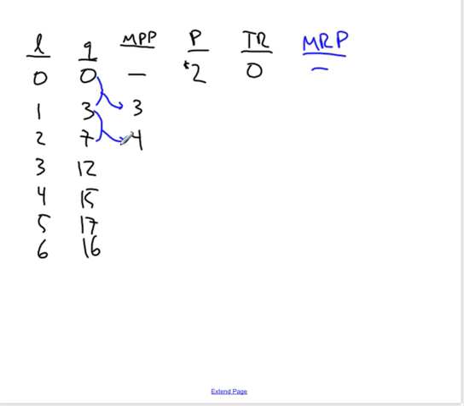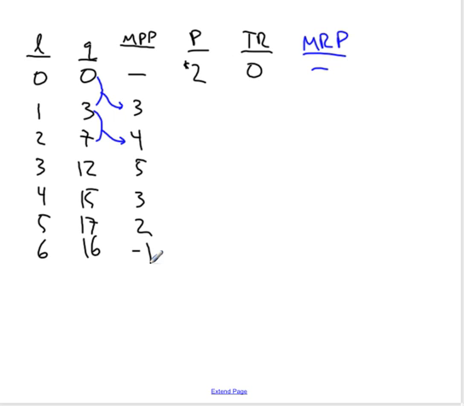That's what marginal physical product is telling you. How much more output do you get when you hire one more worker? From 7 to 12, the increase is 5. From 12 to 15, the increase is 3, then 2. And then we have this funny case here. There's something fishy about that 6th worker. Output fell from 17 to 16.